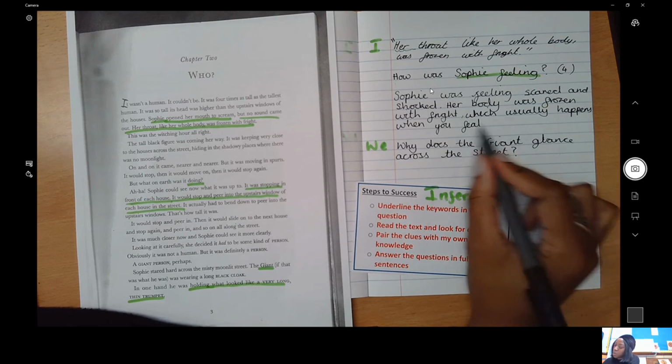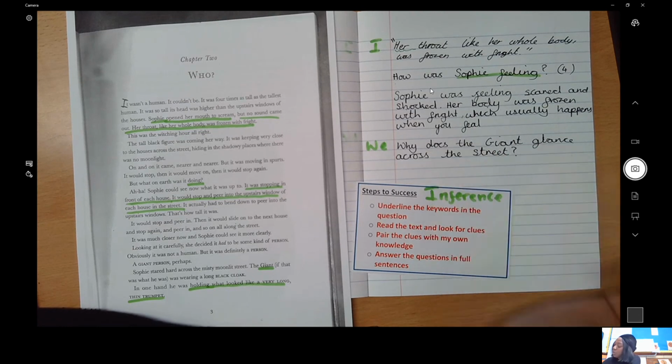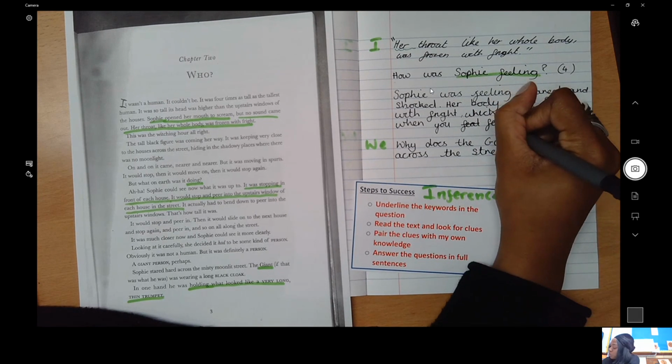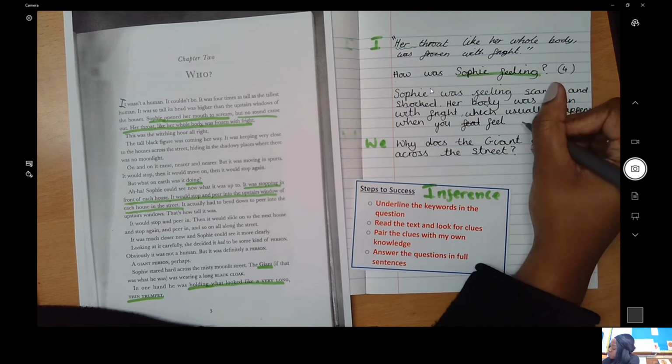Do I do a messy scribble or do I cross it out neatly? Well done, I'm going to cross it out neat. So just one line through, feel fearful.